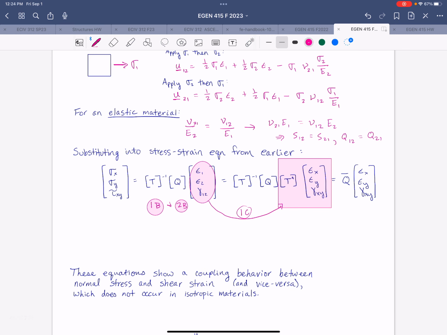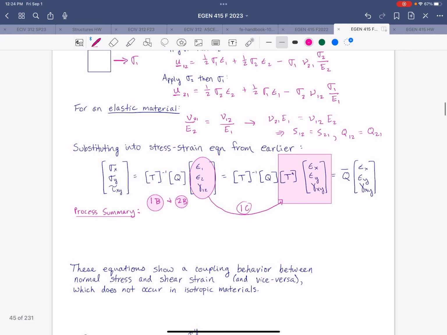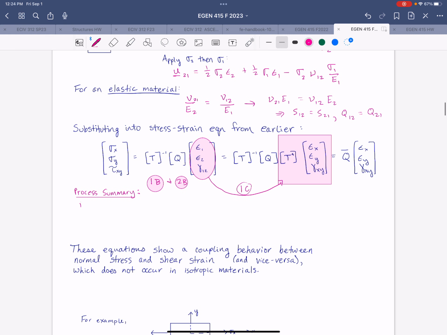And so the summary of the whole process, all right, because it's easy to kind of get lost in the weeds with this. All right, the first phase is to relate the material principal axes, 1, 2, to non-material principal axes, x, y.